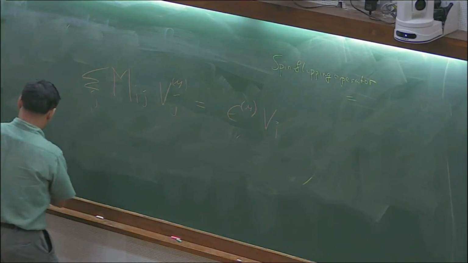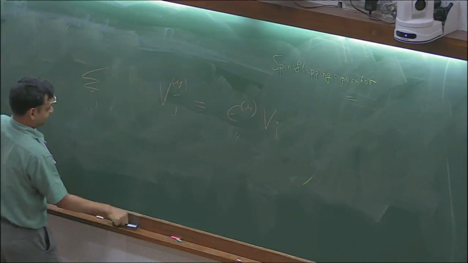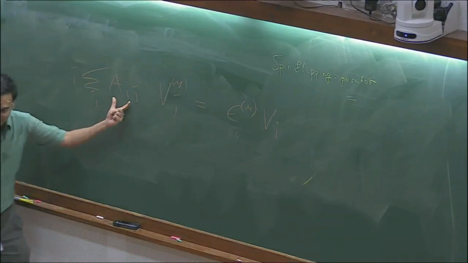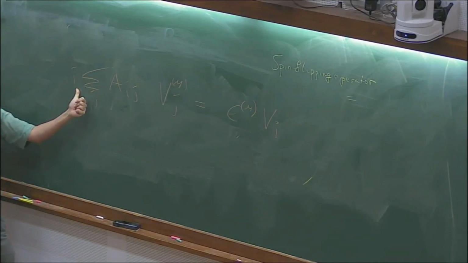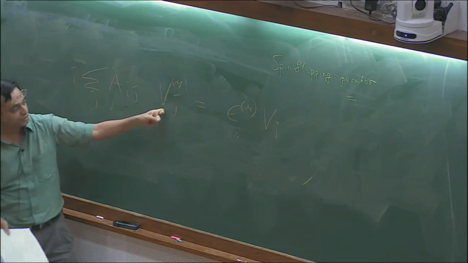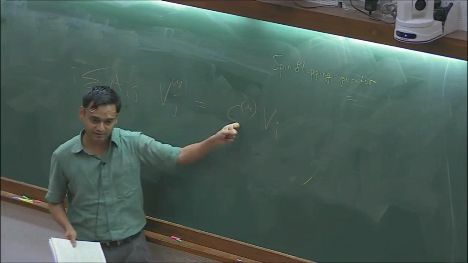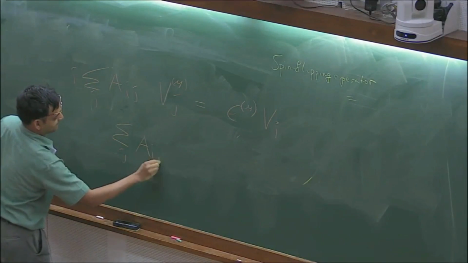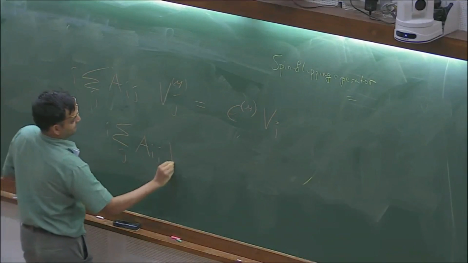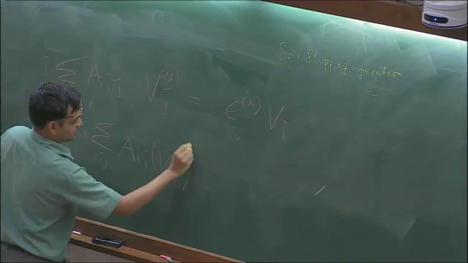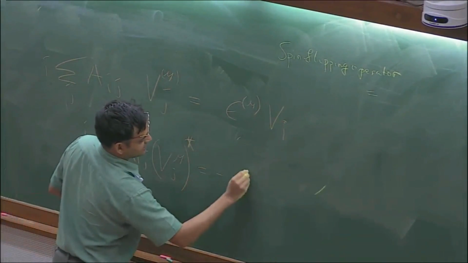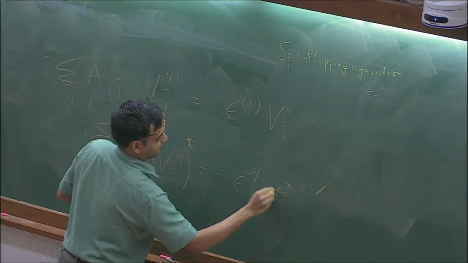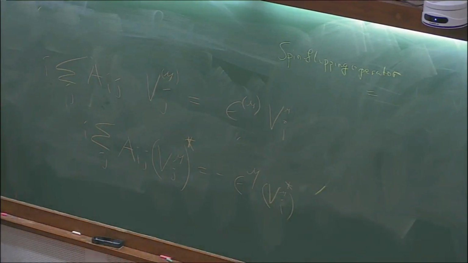So let's write it like this: i A ij. A ij doesn't change, but the i goes to a minus i explicitly. V goes to V star. Epsilon must be real. So you learn that sum over j of M ij V mu j star is minus epsilon mu V mu i star. So eigenvalues come in pairs.